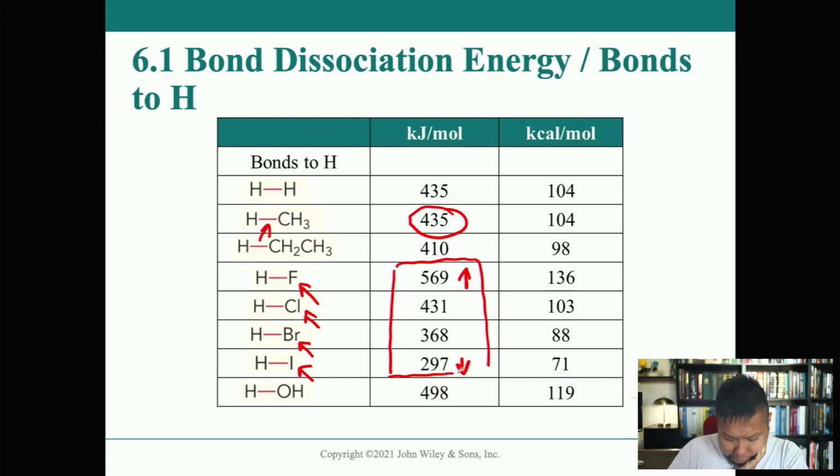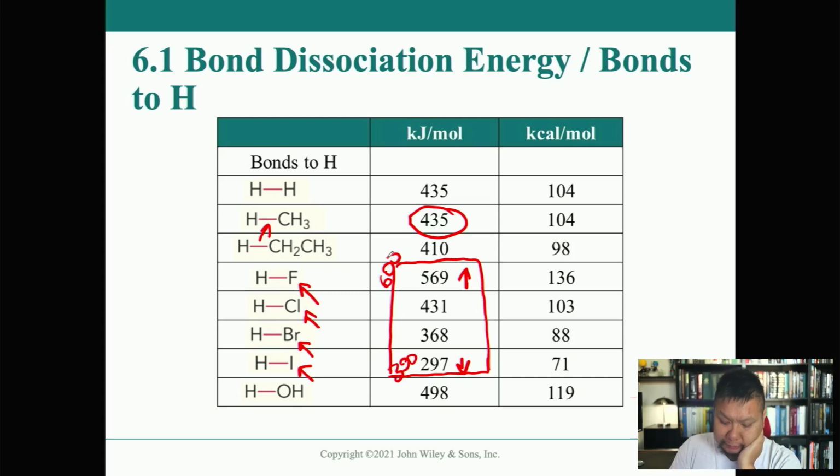And you can see then that the range here is from about 300 to 600, fluorine to iodide, right? So that's a trend that you can see there.